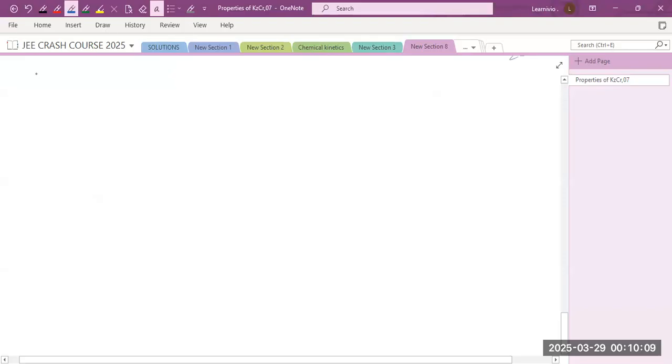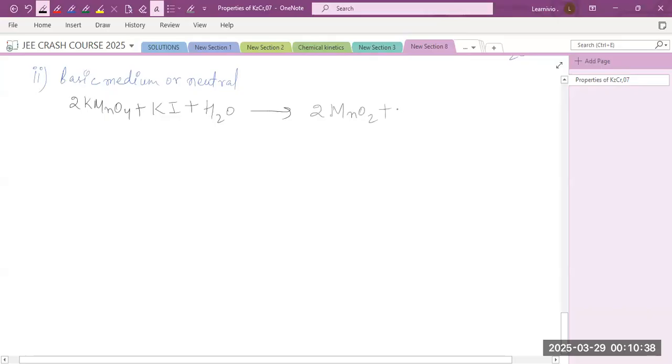Now let's see what if the condition is basic or neutral. If the condition is basic medium, KMnO4 with potassium iodide and water will convert it into MnO2, potassium hydroxide, plus KIO3.